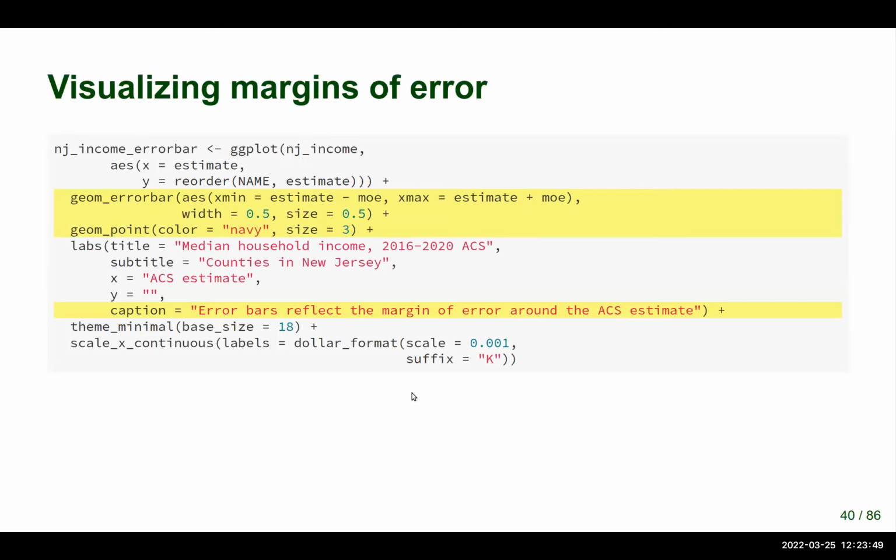A potential solution is to use what I'm calling here a margin of error plot. What a margin of error plot does is, instead of using the bars, it modifies the information on the chart to basically show error bars around each estimate.